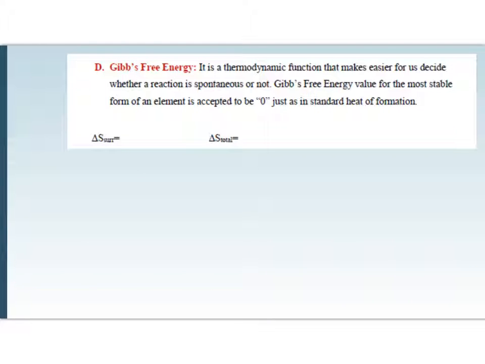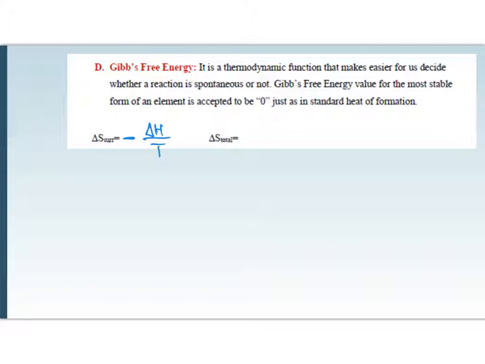So you can also decide the spontaneity of a reaction by using the Gibbs free energy. Gibbs free energy is a thermodynamic function that makes it easier for us to decide whether a reaction is spontaneous or not. Now, for example, you have the delta S surrounding. Remember the formula? It was minus delta H over T here.